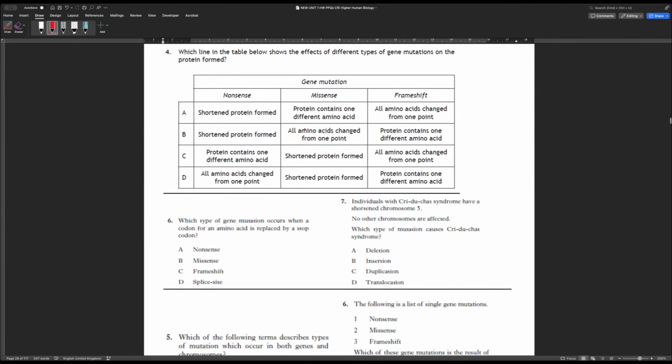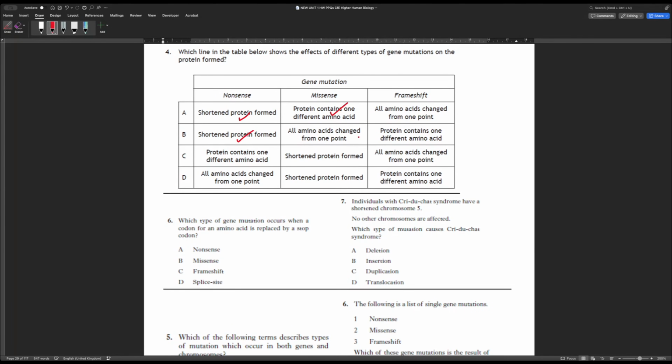Okay, number 4. Which line in the table below shows the effects of the different types of gene mutations on the protein formed? So we know that a nonsense mutation has a premature stop codon, which results in a shortened protein. So that means we can have that one and that one, so it's going to be A or B. Missense we know replaces one amino acid for another, so the protein contains one different amino acid.